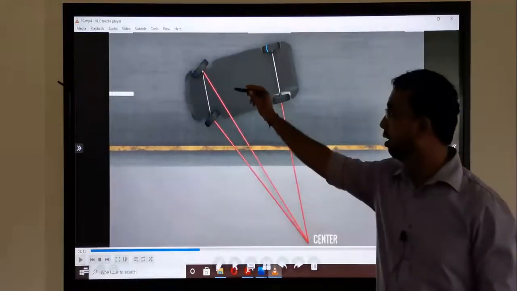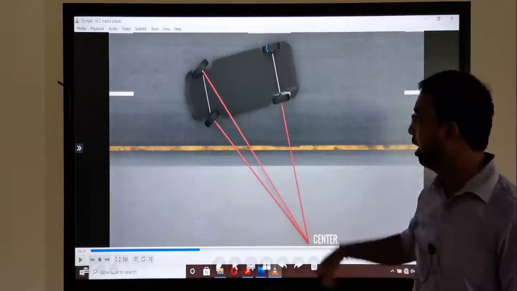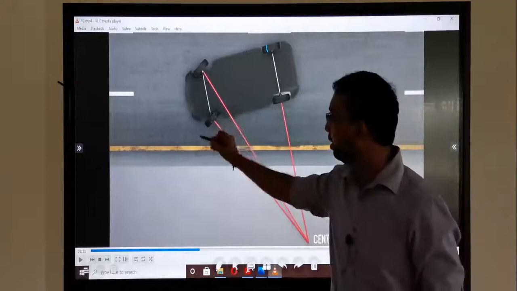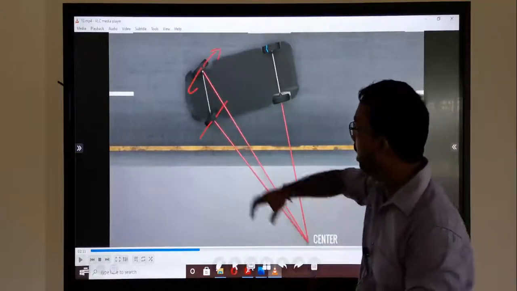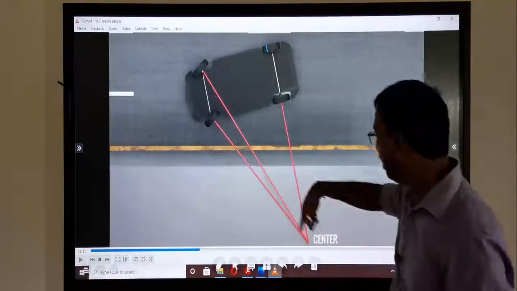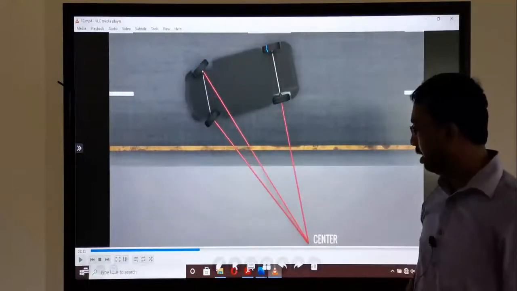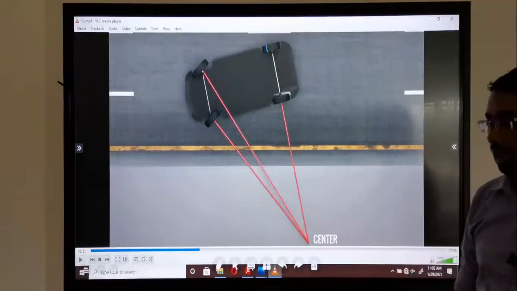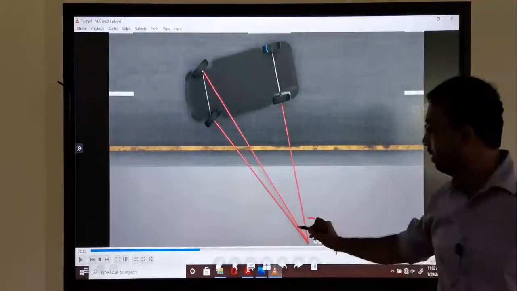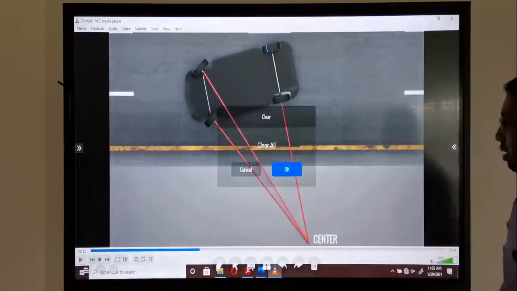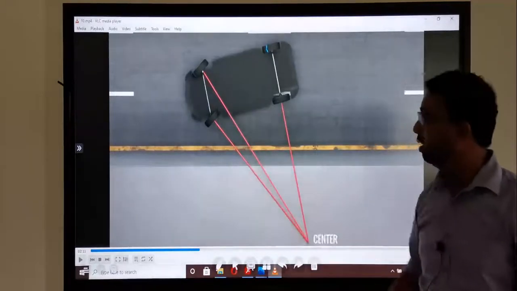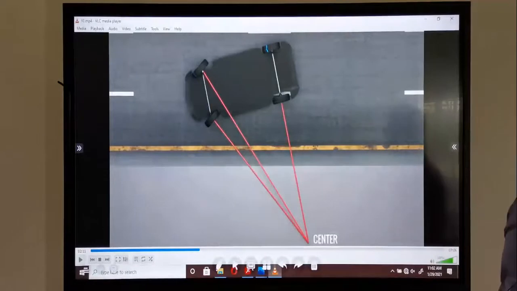All the perpendicular lines, for example the force applied here, these two forces, all three perpendicular lines meet with respect to a center point. Only under this condition can the vehicle turn without any slipping or without leaving the road.